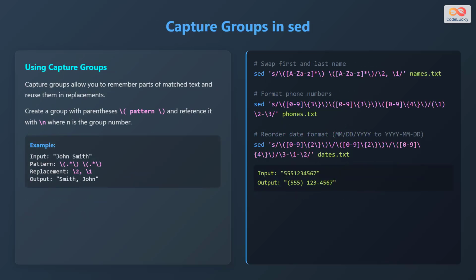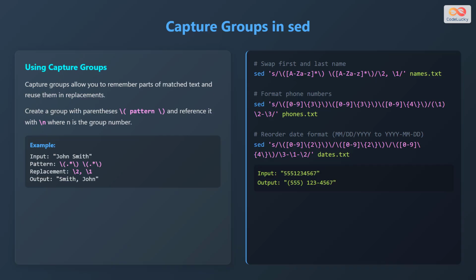Capture groups are an advanced feature in sed that allows you to remember matched text and reuse it in replacements. You create a group using parentheses around a pattern and reference it with \n, where n is the group number. For example, to swap the first and last names in a file, use sed s/\(.*\) \(.*\)/\2 \1/ names.txt. To format phone numbers, use sed s/\([0-9]\{3\}\)\([0-9]\{3\}\)\([0-9]\{4\}\)/\1-\2-\3/ phones.txt.